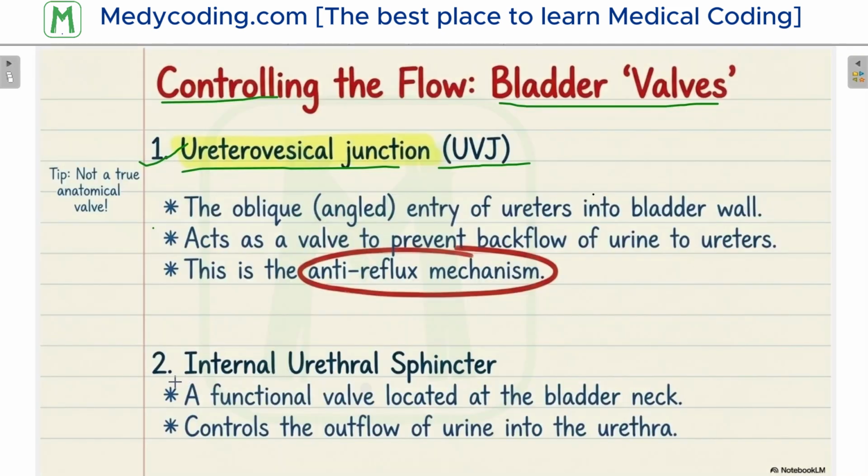So next is the internal urethral sphincter. It is a valve that controls the outflow of urine into the urethra. I hope you already know that a valve allows flow of fluid in only one direction.